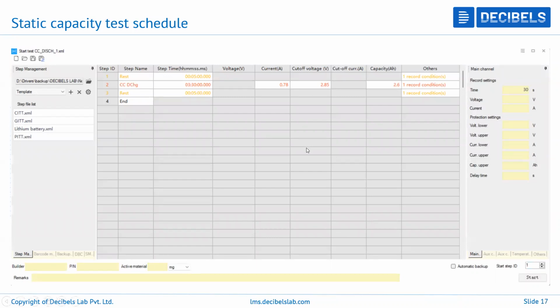So basically, this is the user interface for the software which is used by us. Okay, and this is called a step manager or a schedule manager.